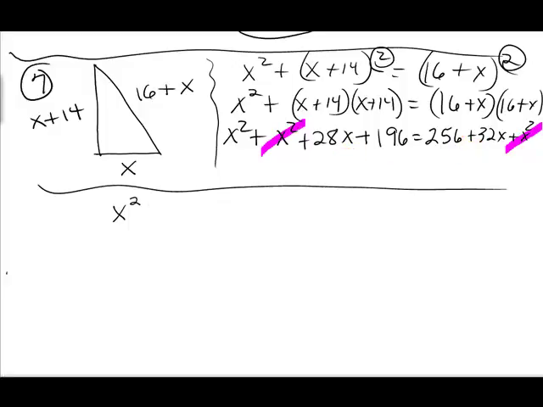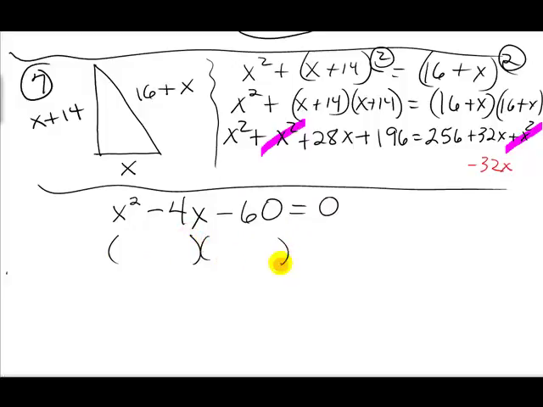So this is going to be minus 32x. So that will give me a minus 4x when I combine it with the 28x. And then I'm also going to subtract the 256. So 256 minus the 196, and it's going to be negative.